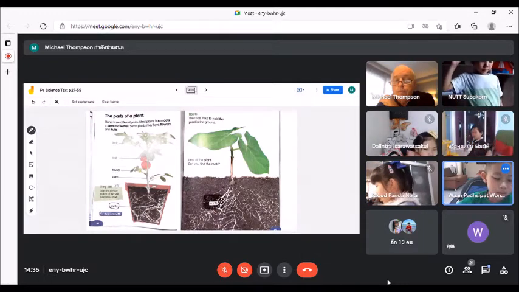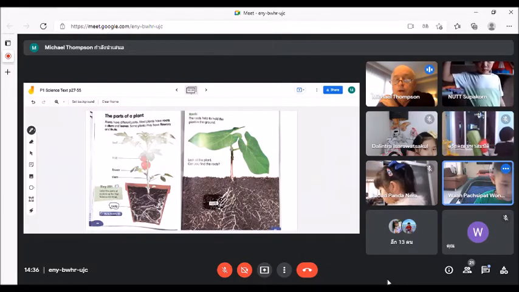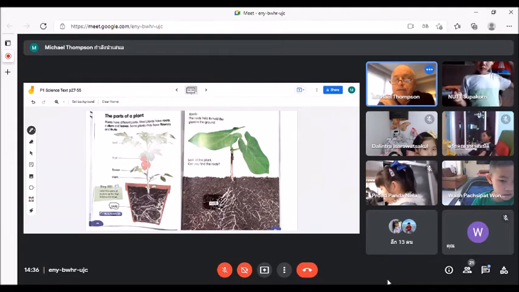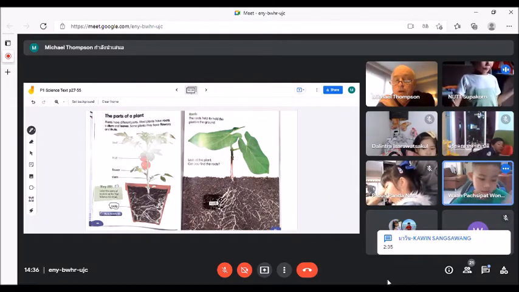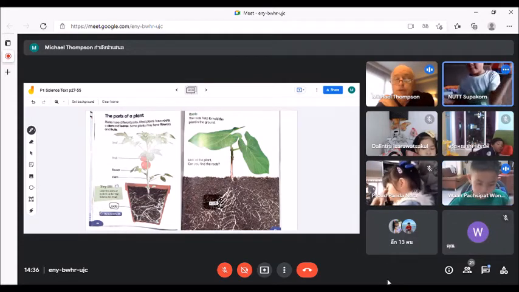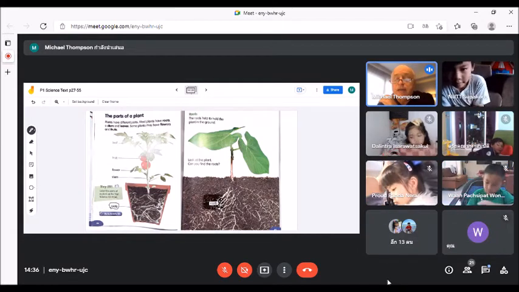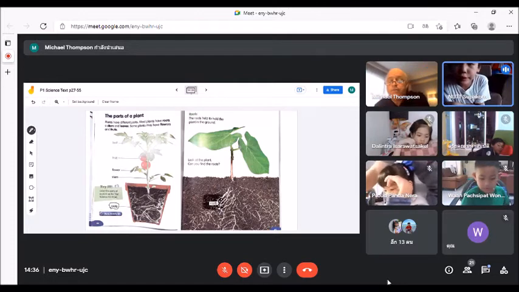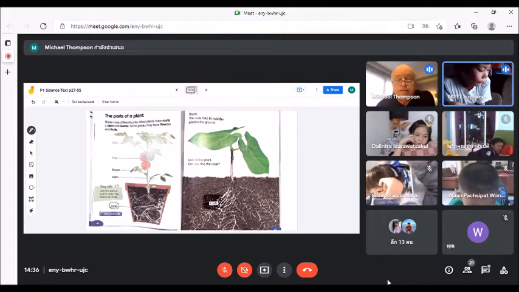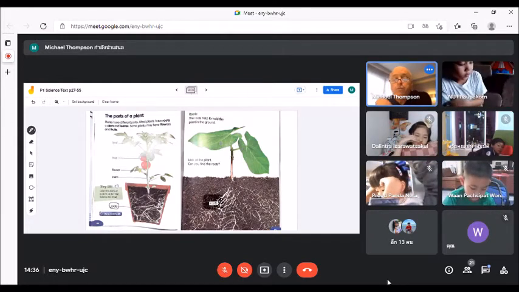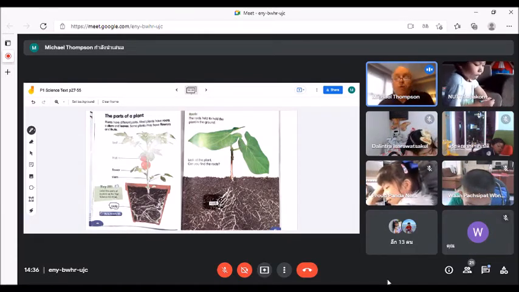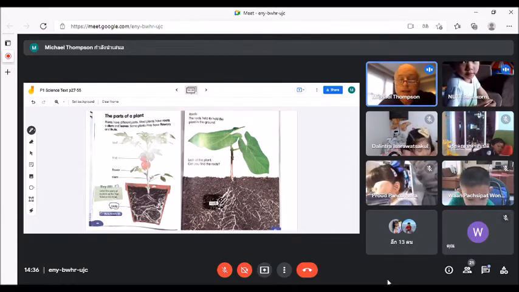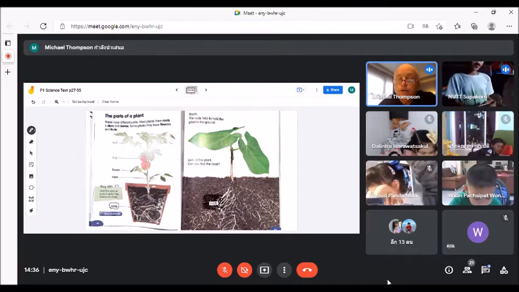Okay, and the water goes up into the plant. All right, that's one. Also, up to the plant, it brings it up to the leaves and the stem and the leaves and to the fruit. That's right. Because plants don't have a mouth like ours. They can't drink water. That's why they bring it in through their roots.